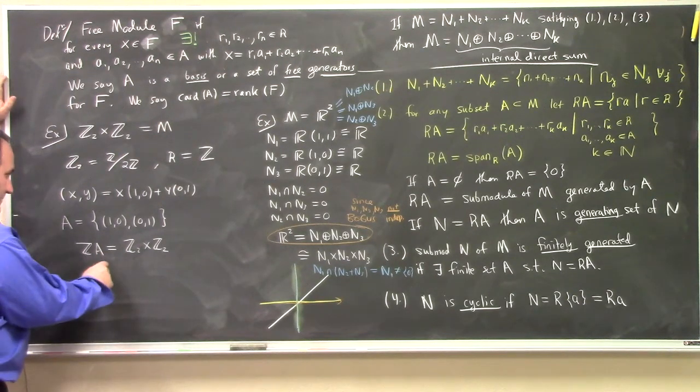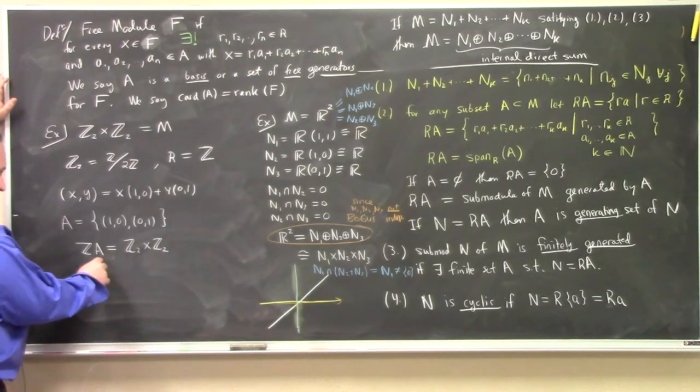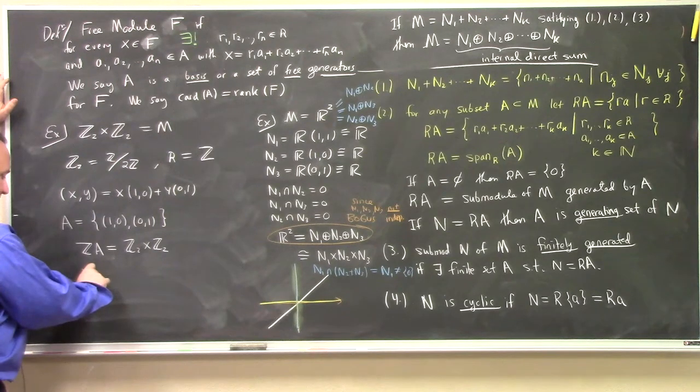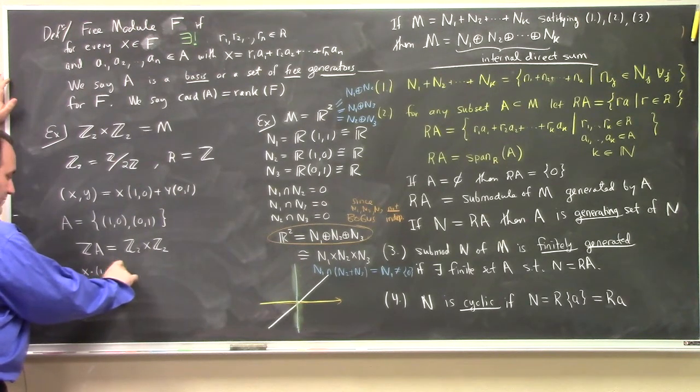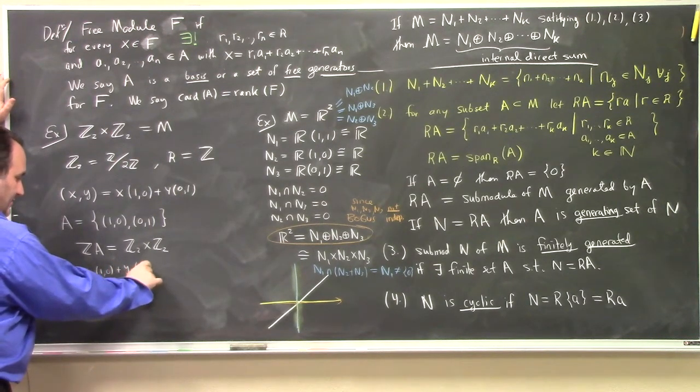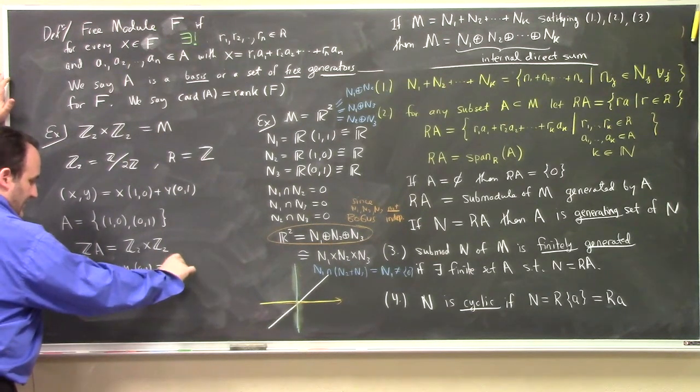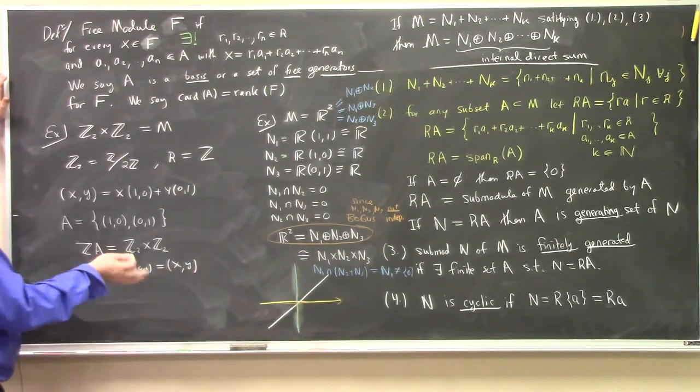Well, pretty much a constant times these two vectors. So x times (1, 0) plus y times (0, 1) is (x, y), right? Now I've got to be careful.